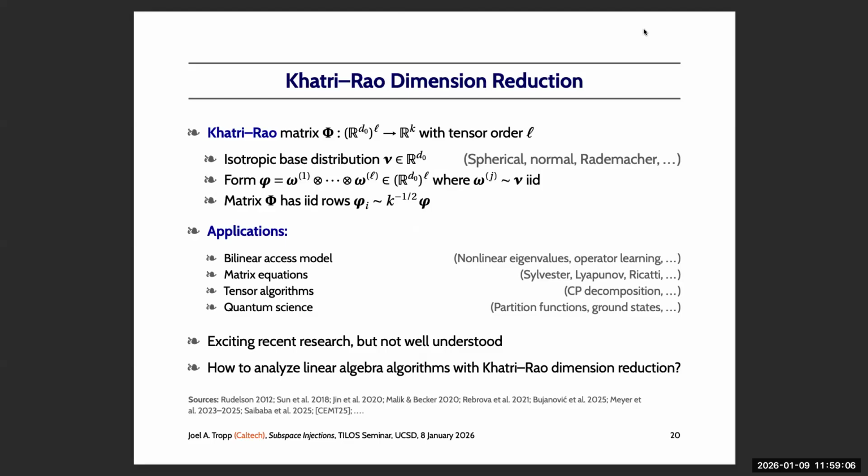Part of the benefit of this is that you get dimension reduction maps acting on huge spaces where the constructions are very easy. Because the cost of this is L times d naught random variables instead of d naught to the L random variables. So there's a huge reduction in how much randomness is going in. And also, the storage and application of this, at least to tensor structured things.